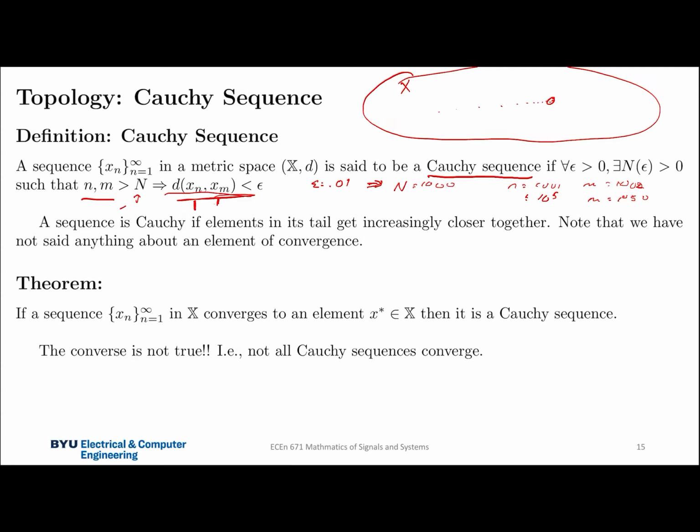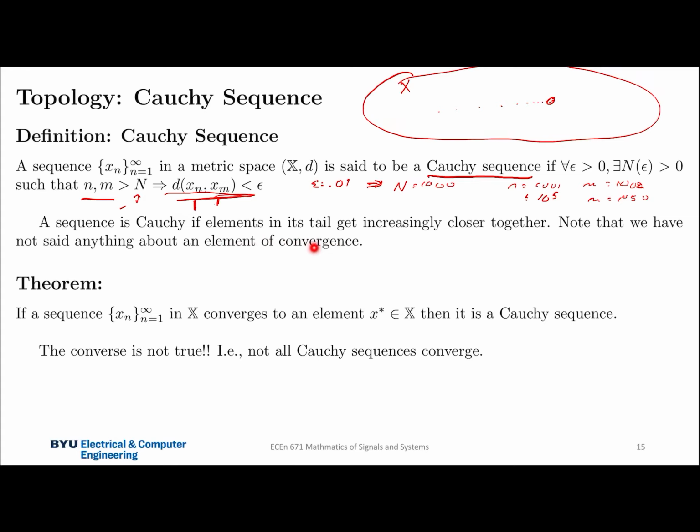So in other words, what a Cauchy sequence implies is that the tail is getting increasingly closer together. But notice again, we haven't said anything about an element of convergence. There's no x star.